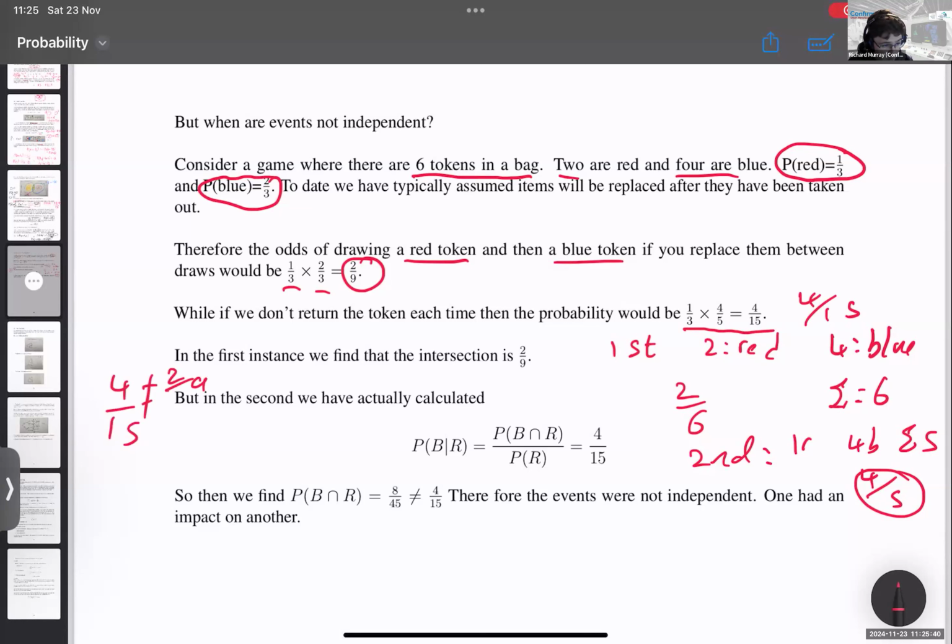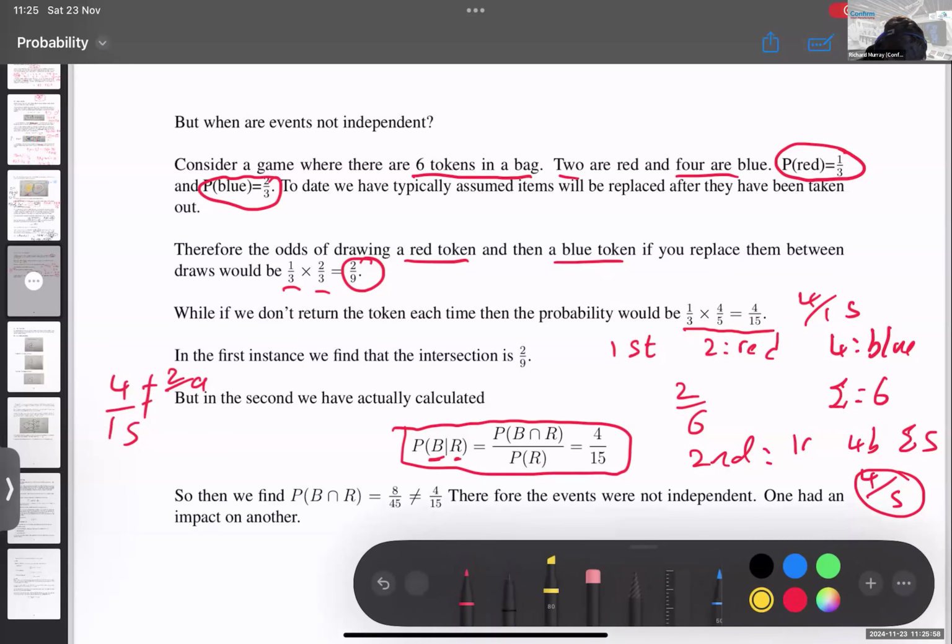So what we have actually indirectly calculated here is the probability of blue given that the first one was red. And we need to be prepared to carry out these calculations interchangeably, which means that we need to read our questions very carefully to make sure that we check for things like replaced or not replaced.